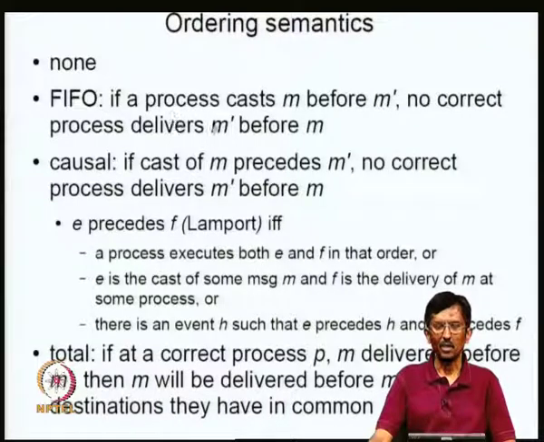Therefore, in every process that survives, it should not be the case that M prime is delivered before M. And this will take care of obvious problems that we have seen before.